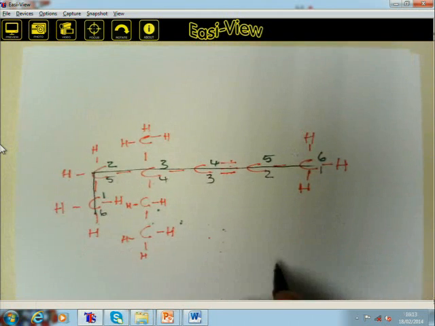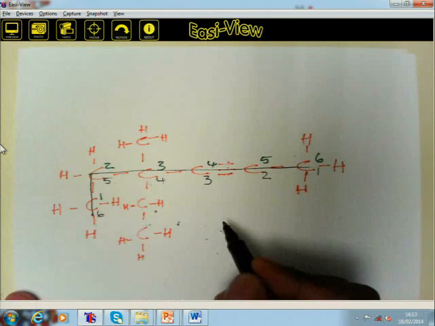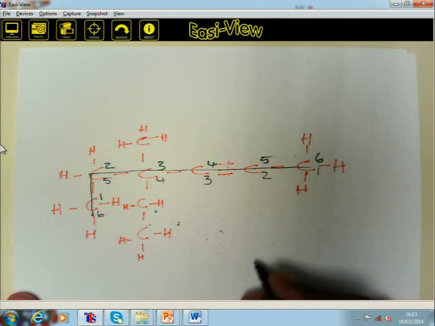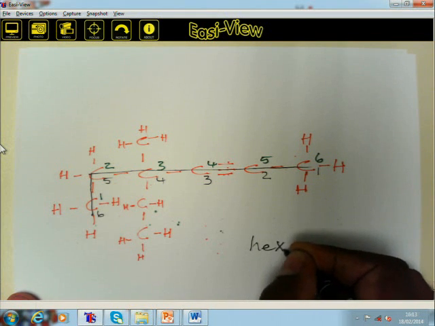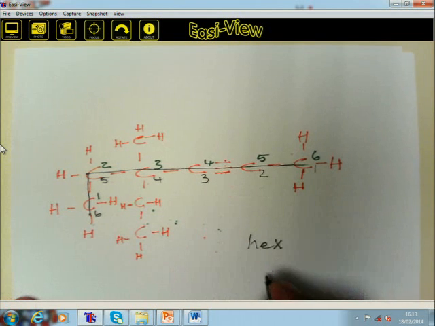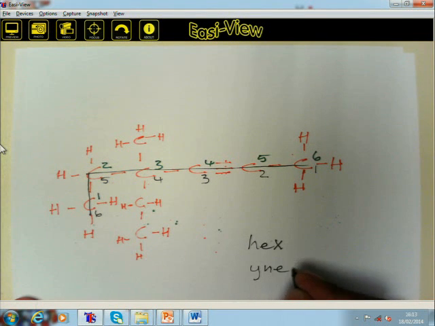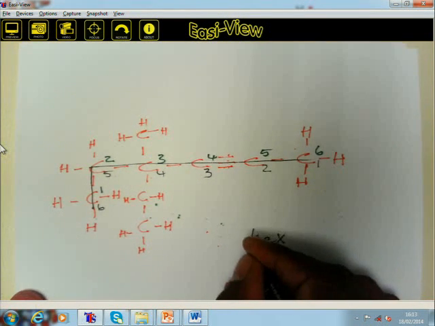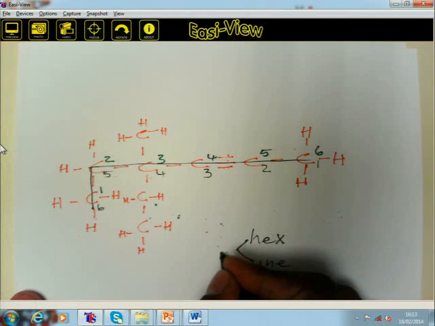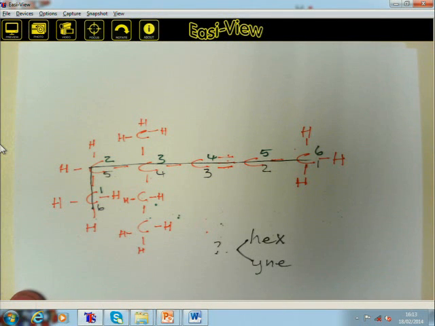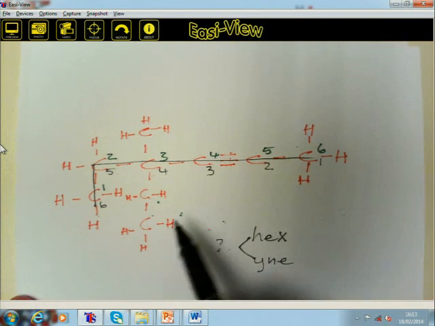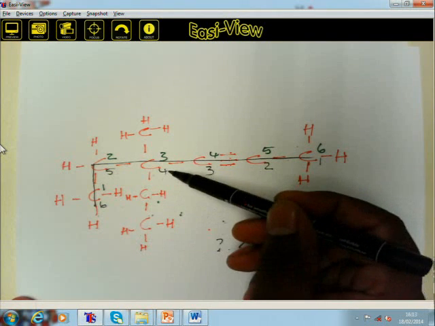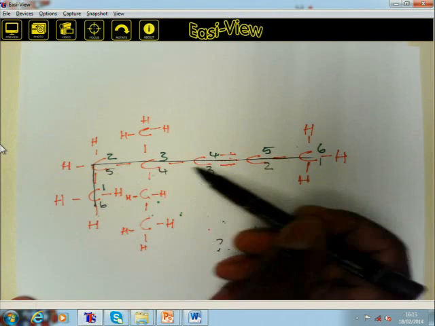So, because I know that this is an alkyne, I've got 6 carbons, so it will be hex, and then I'll have yne as my suffix. Between these two, I'll have the number that indicates the position of my triple bond. And then I check the substituents. I've got substituents at carbon number 3 and number 4, because we take the bottom.